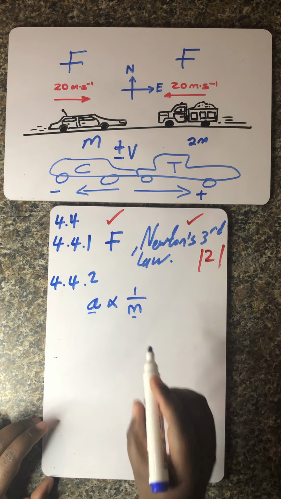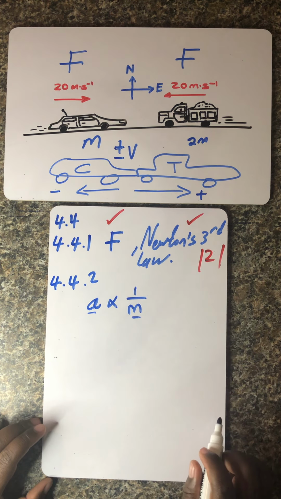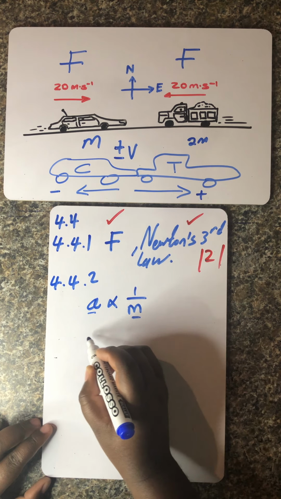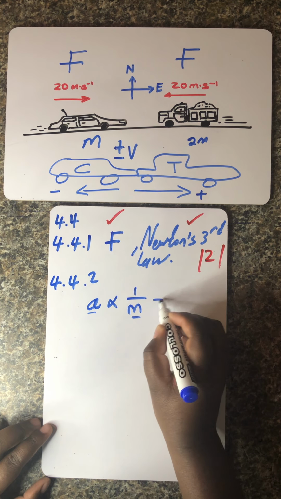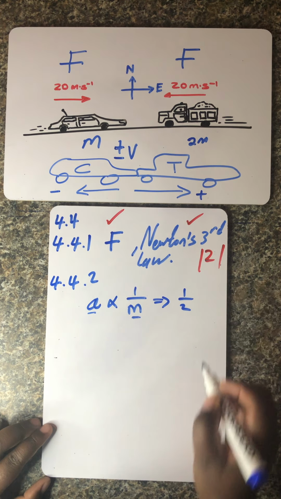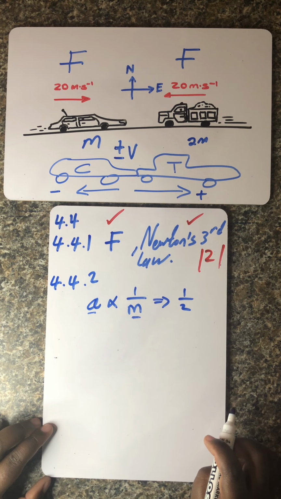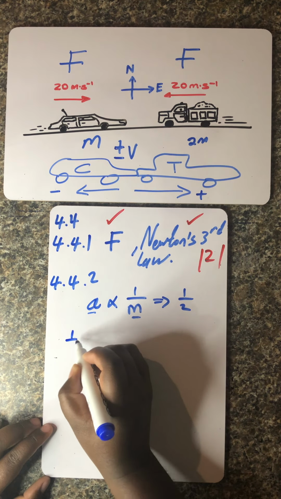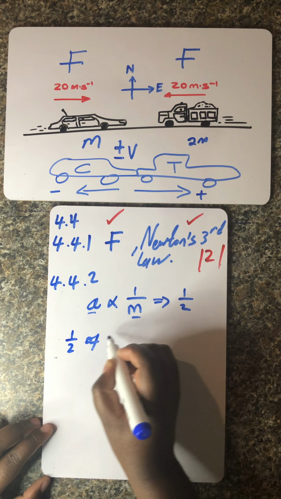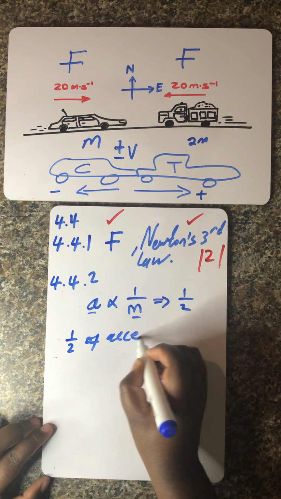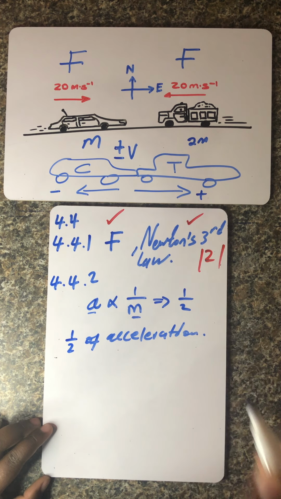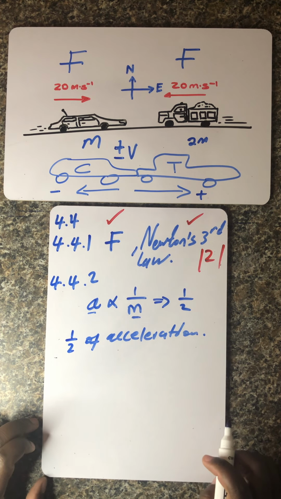Ladies and gentlemen, remember, what is the mass of the truck? The mass of the truck is 2. So that means it's actually 1/2. That means the truck is experiencing half of the acceleration.